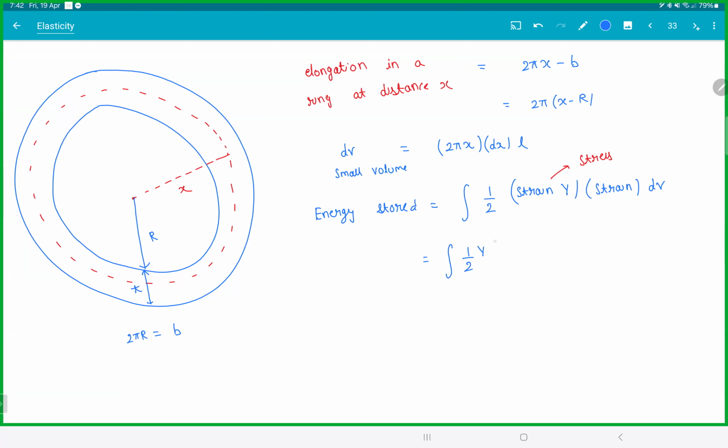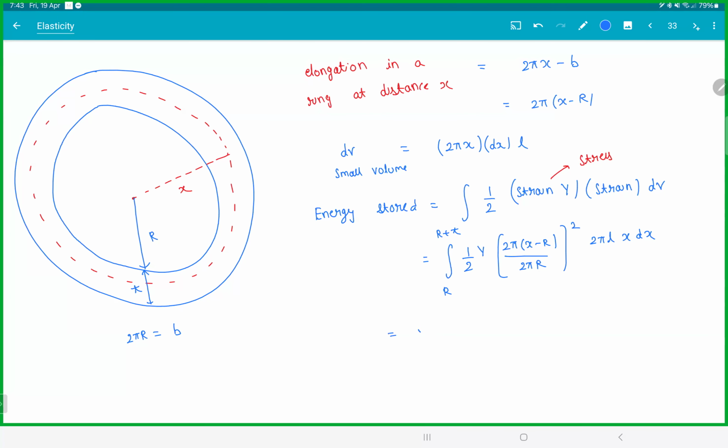Strain is nothing but delta L by L. So that would be (2 pi x minus r by 2 pi r) whole square and 2 pi L x dx. X is going from r to r plus t. 2 pi will cancel.